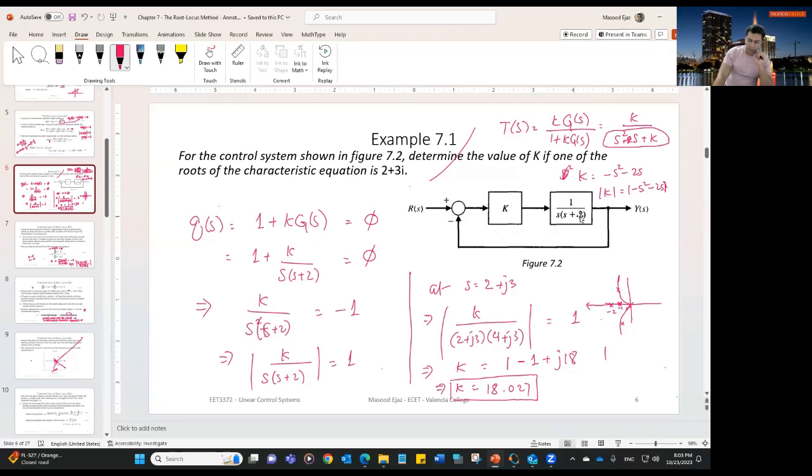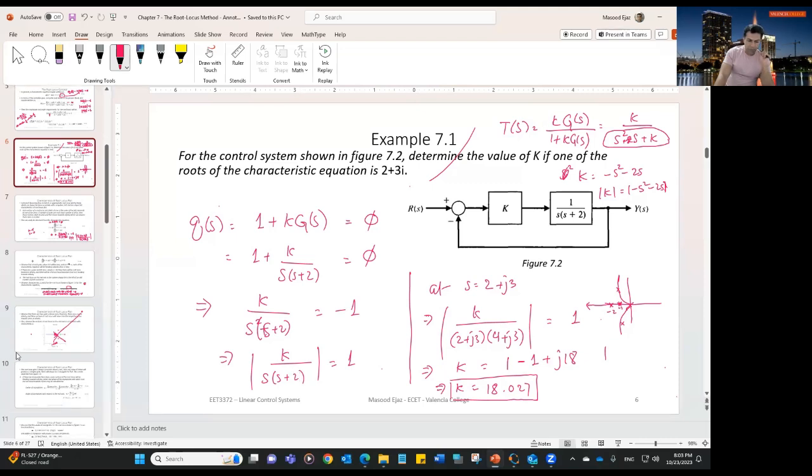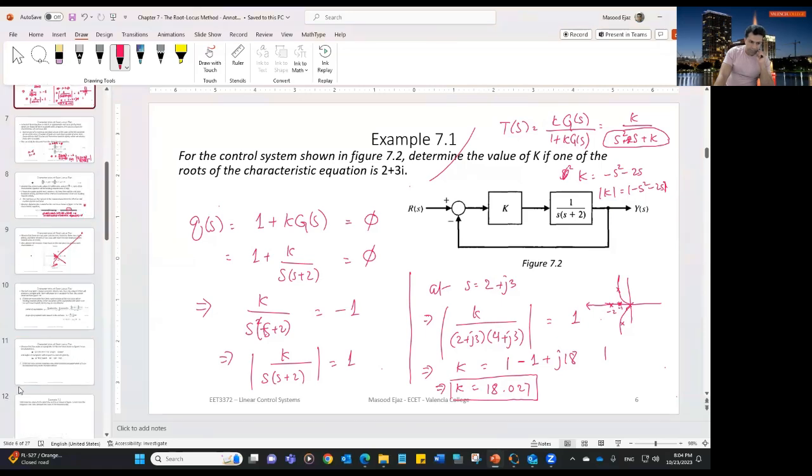So if you know the value of s from your root locus where it will cross the y-axis, then you can read that value from either the plot or from your program and calculate the corresponding value of k that will make the system marginally stable. Actually, from the program, you can also just find the value of k instead of calculating, because you will have vectors with the value of k and the corresponding roots.